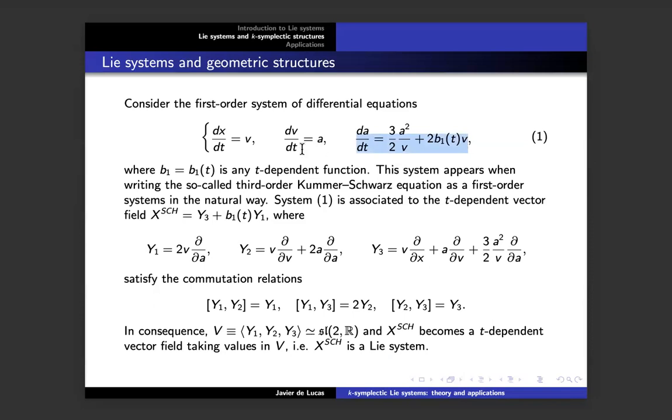So the fun thing was that I discovered during my PhD that if you write this Schwarz equation, this whole third-order differential equation, in this manner, it turns out to be a Lie system. It is kind of surprising, because you have a third-order differential equation, and it satisfies this very strong condition. How did I find it?